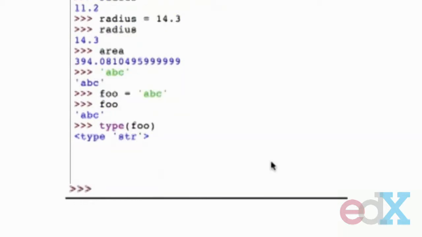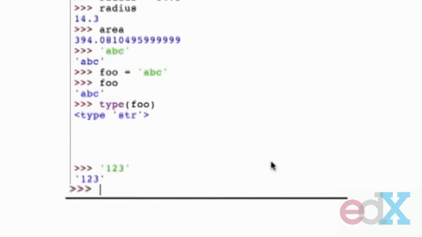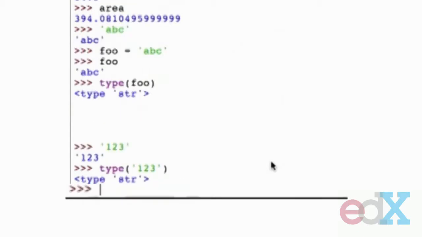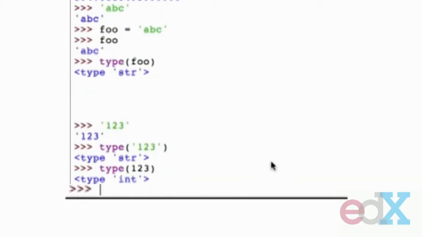And by the way, we can also put quotes around numbers. So this is a string. And just to see that, let's ask for the type of that. The type of that sequence of characters, numeral 1, numeral 2, numeral 3, inside of the quotes, is a string. And that is different than the type of the number itself, which is an int.